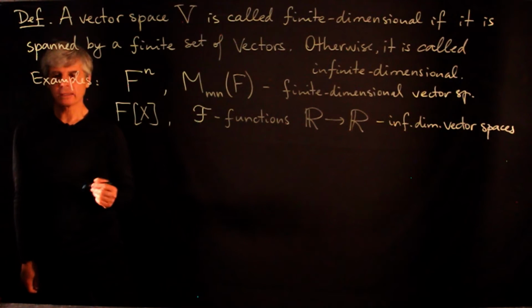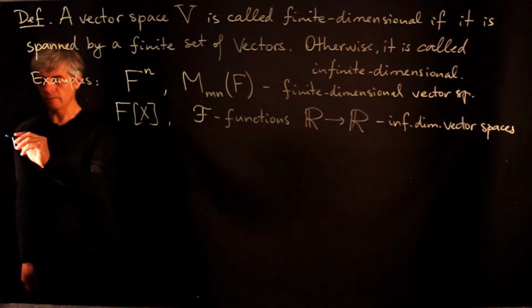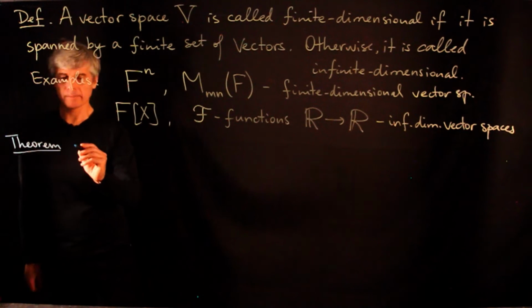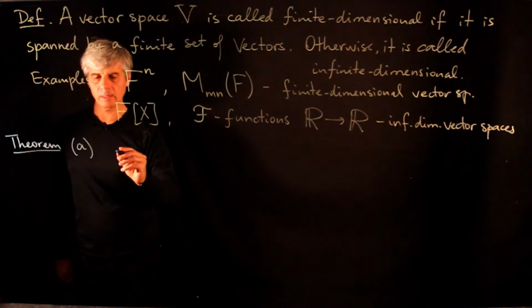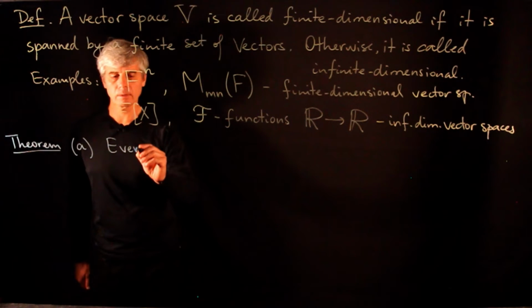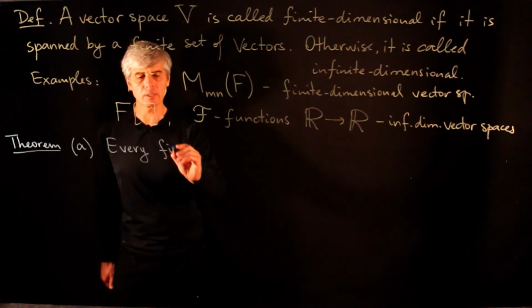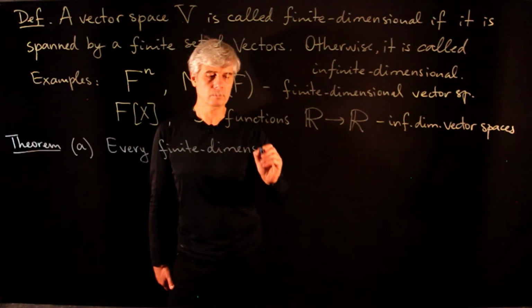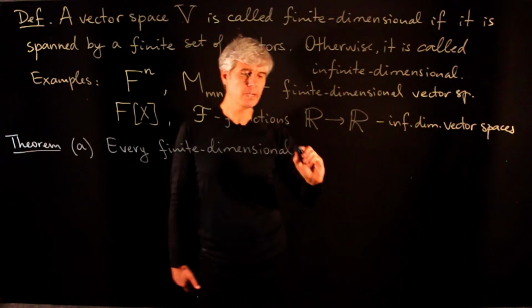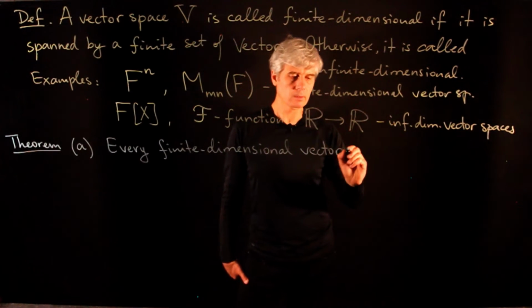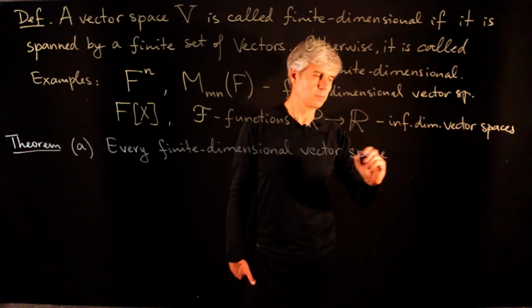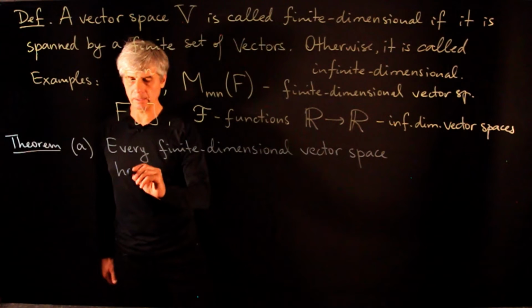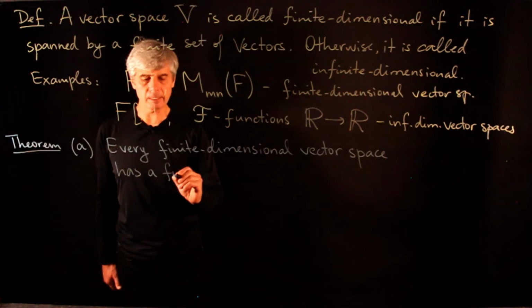Now, let us state the main theorem of today's lecture. It has two parts. A: every finite dimensional vector space has a finite basis.